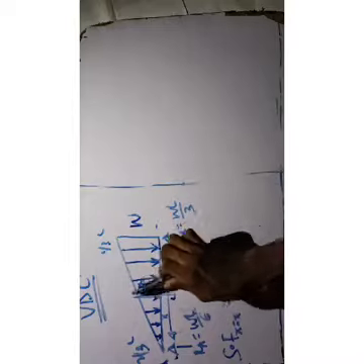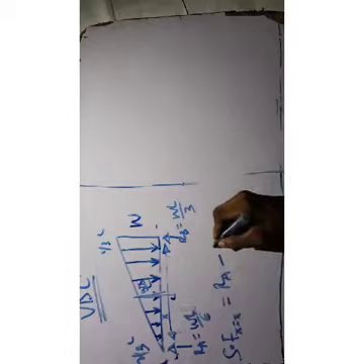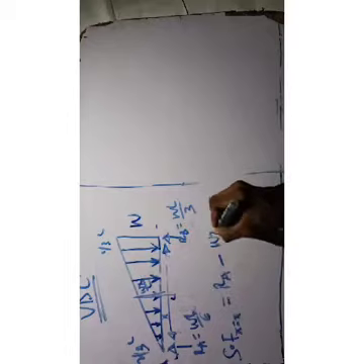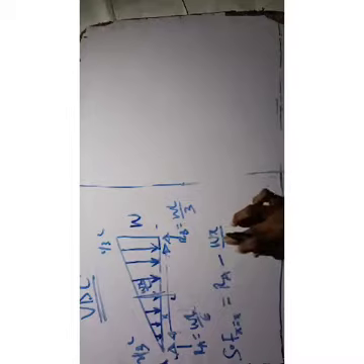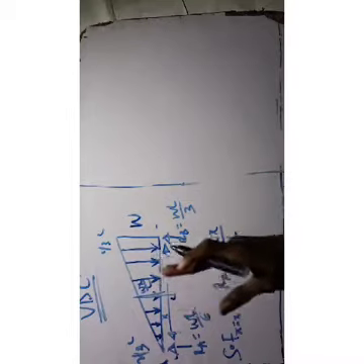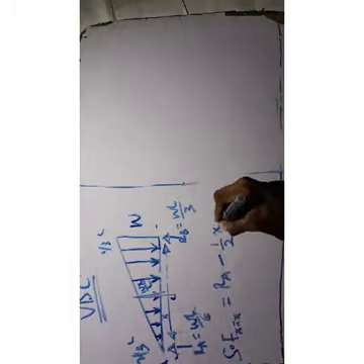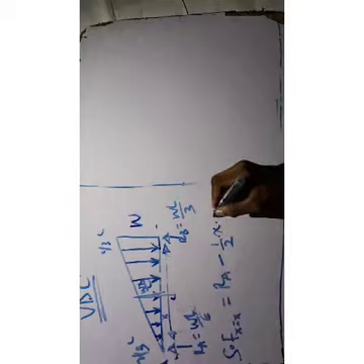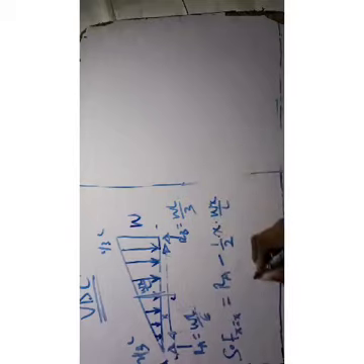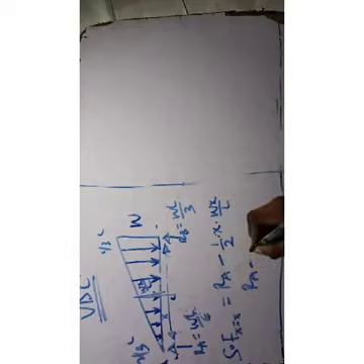At any section, that is WX over L, and I need to convert this to a point load, which is half base times height. So that will be RA minus half base times height. My base at any point is X, and my height is WX over L. So I'm going to have RA minus WX squared over 2L.